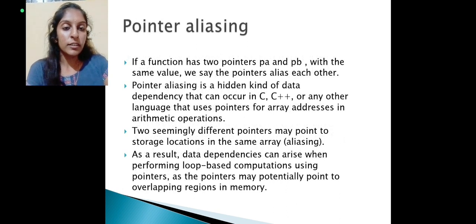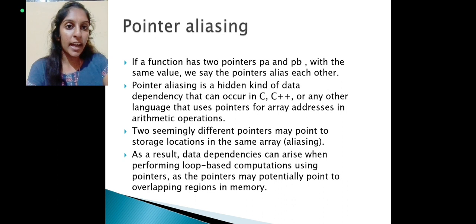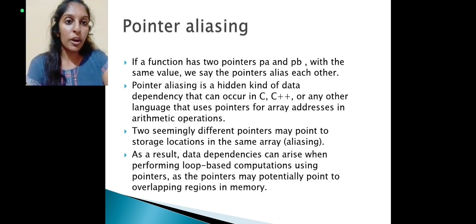Next, pointer aliasing. If a function has two pointers PA and PP with the same value, we say the pointers alias each other. Pointer alias is a hidden kind of data dependency that can occur in C, C++ or any other languages that use pointers for array addresses in arithmetic operations.